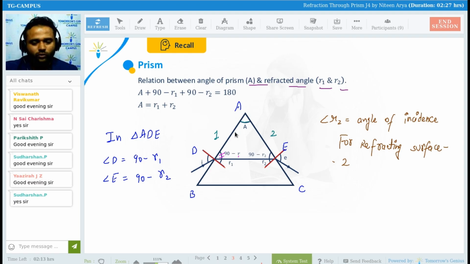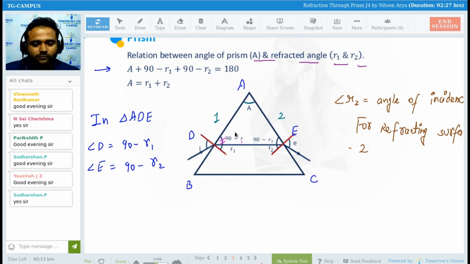And we know in any particular triangle the sum of all the angles is 180 degrees. So that is basically going on there. Clear?